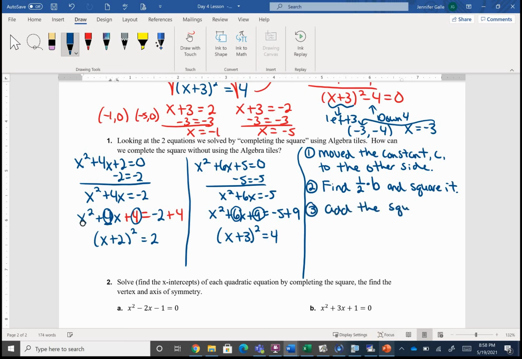Add the square to both sides. Write the trinomial as a binomial squared.